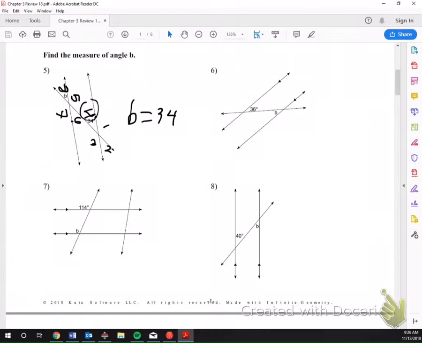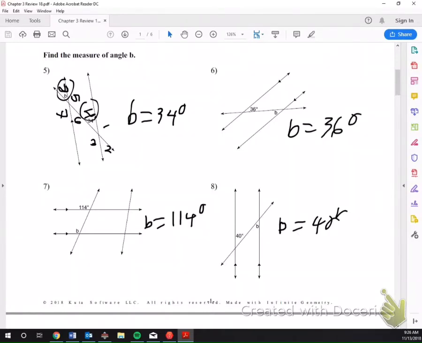Okay, so we're looking at 4 and 8. So we have 4 and 8, again corresponding, which means they're congruent. These ones, alternate interior angles, congruent. And then that's how the other two would match up.